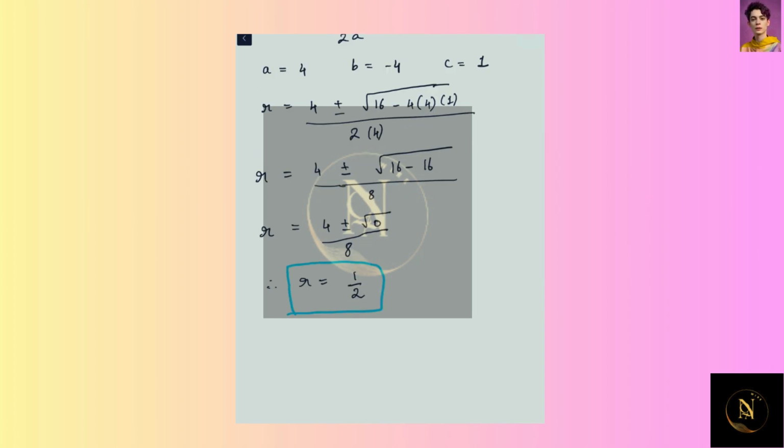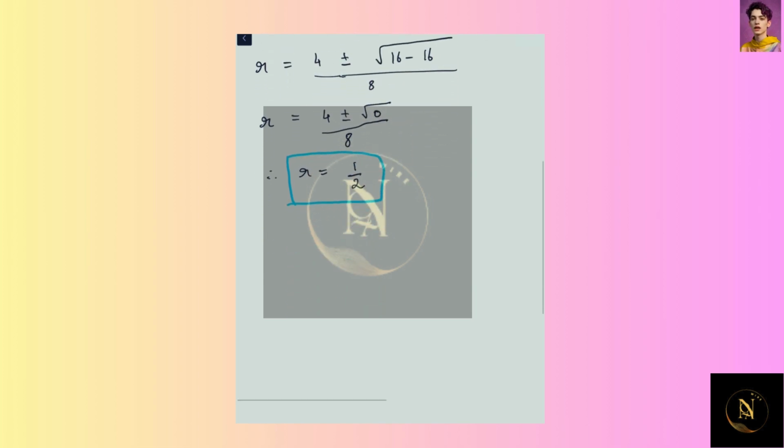Since r is a double root, the general solution will be y(x) = c1 e^(rx) + c2 x e^(rx), where c1 and c2 are any constants.